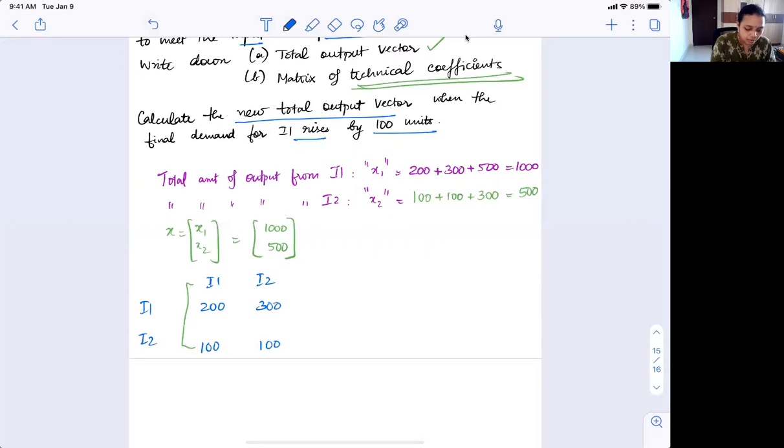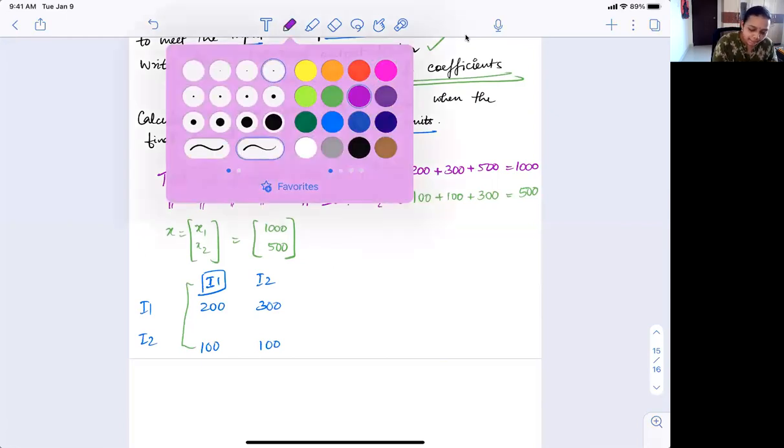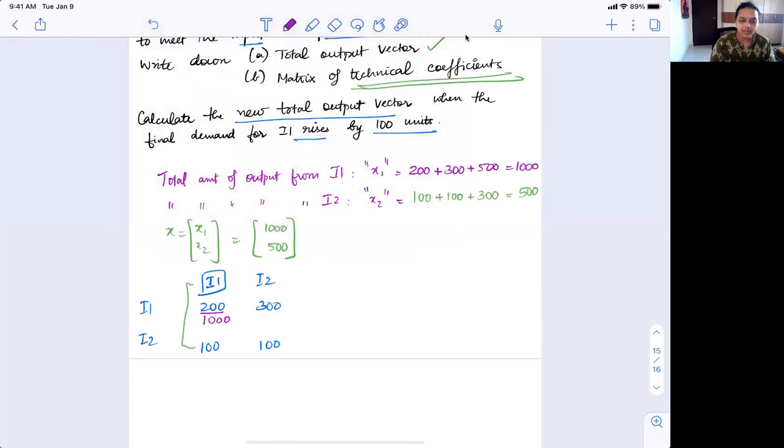Now, let's look at the column. To produce 1000 units of output of I1, I need 200 units of I1. So to produce 1 unit of I1, I need 200 by 1000 units of I1. Similarly, to produce 1000 units of I1, I need 100 units of I2. Therefore, to produce 1 unit of I1, I need 100 by 1000 units of I2.